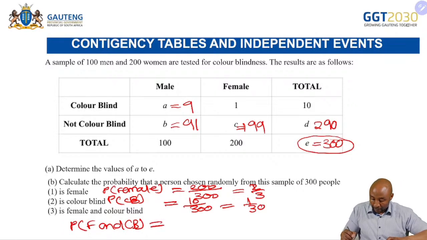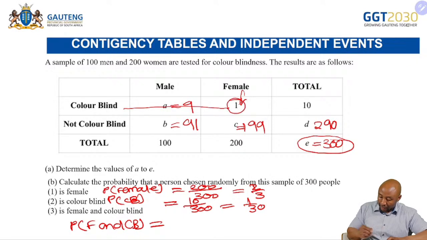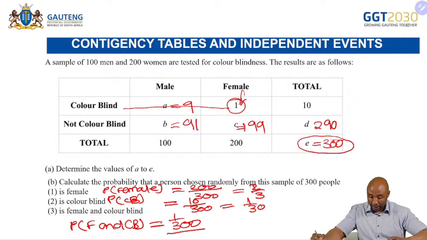So female and colorblind, you are looking at going down, female, colorblind. They intersect here at 1. So the probability that a person is female and colorblind becomes 1/300. You have answered your question. We move on to the next part.